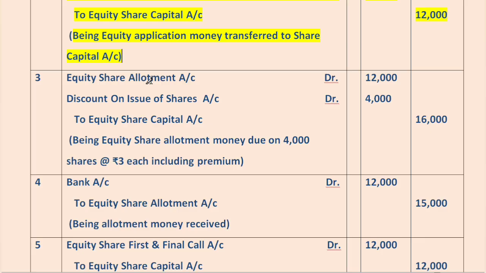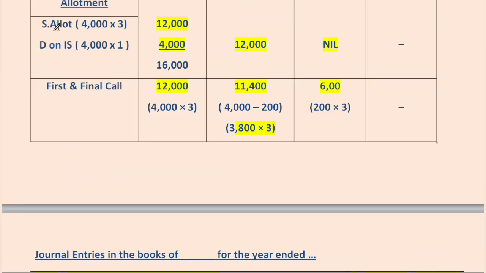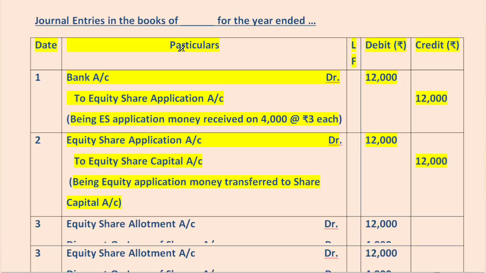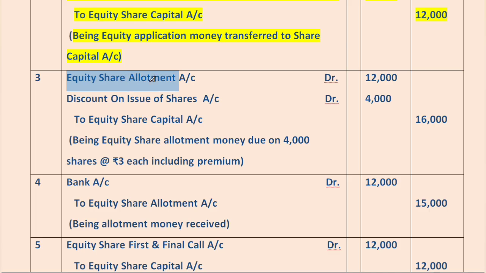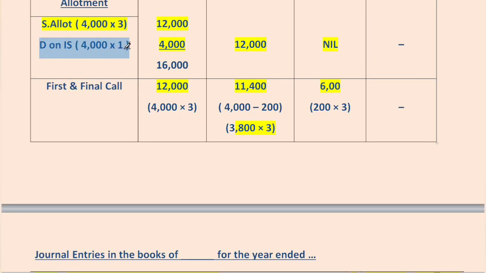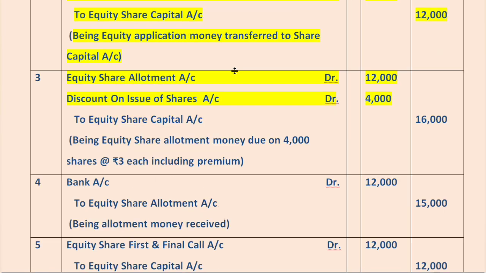Next one is important, the discount entry. See, equity share allotment money. Equity share allotment account debit, 12,000. Discount on issue of share account debit, 4,000, that is 4,000 into 1 rupee discount. To equity share capital account.